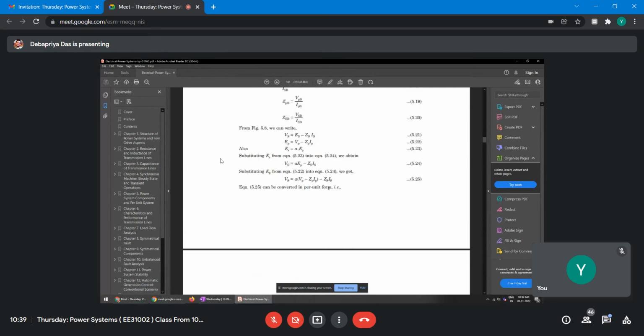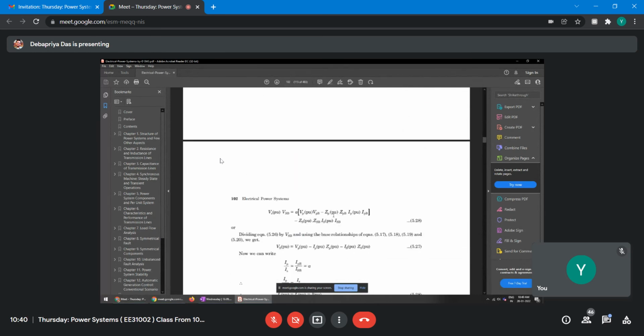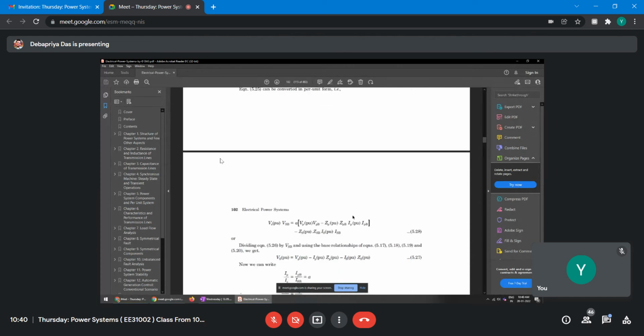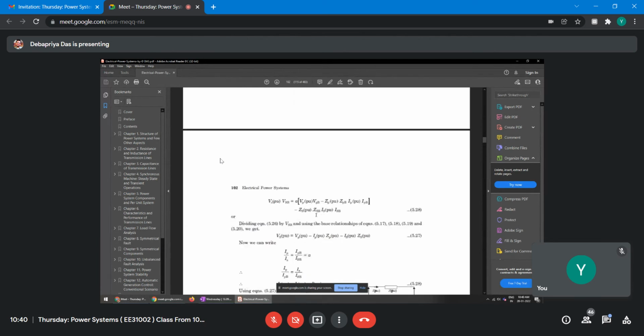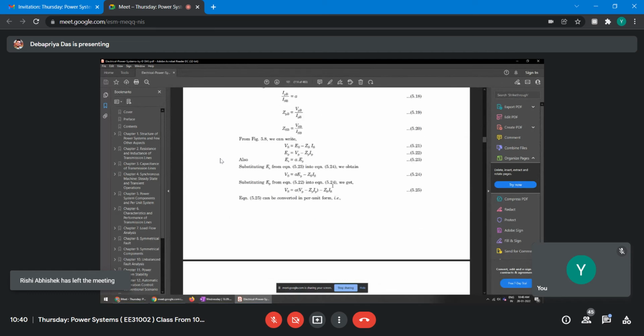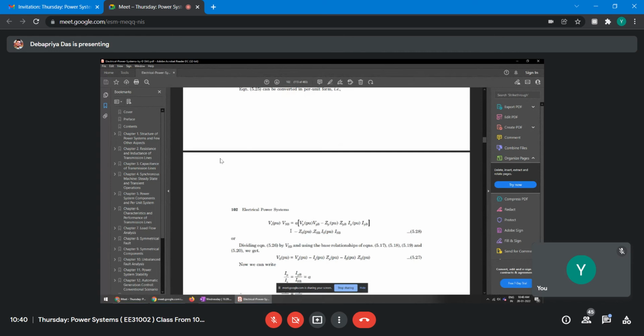Similarly, ZP IP, we write ZP per unit into ZP base into IP, and IP we write as IP per unit into IP base. Similarly, minus ZS IS, where ZS is ZS per unit into ZS base and IS is IS per unit into IS base. Only thing is that we are making everything in terms of base and per unit, just substituting those values.